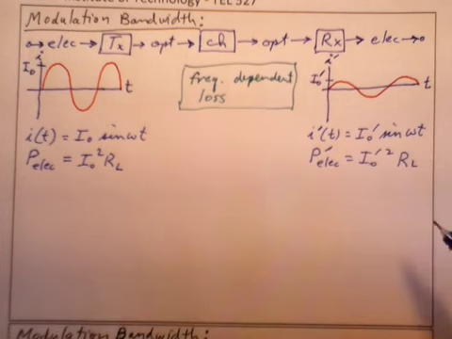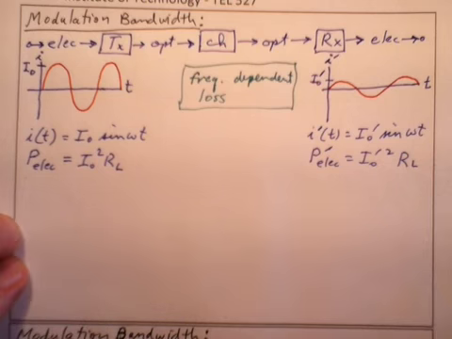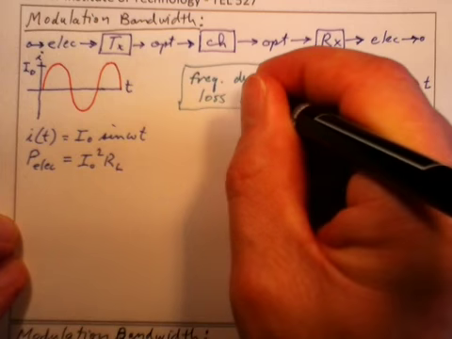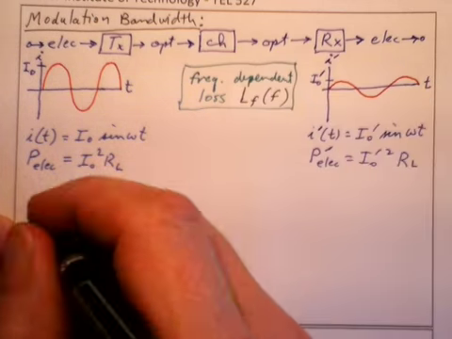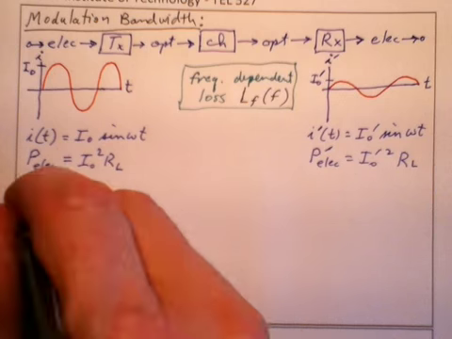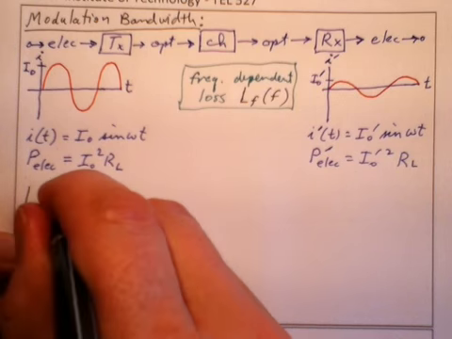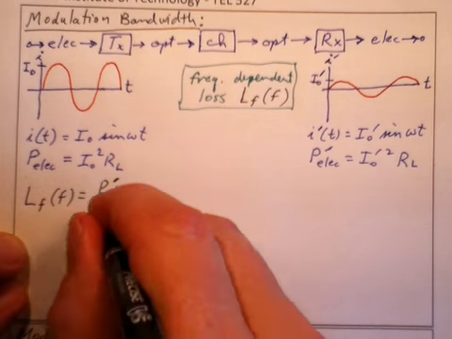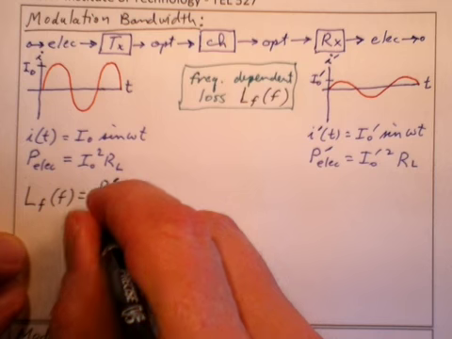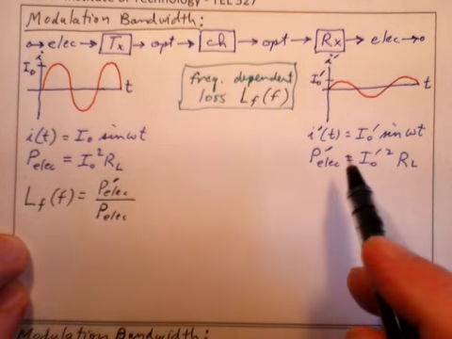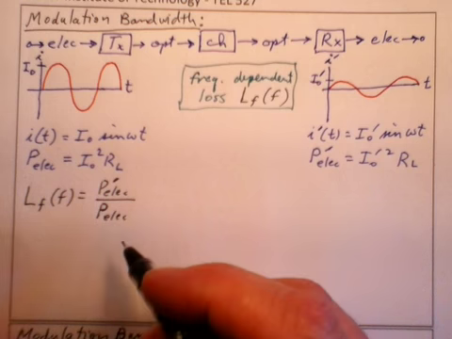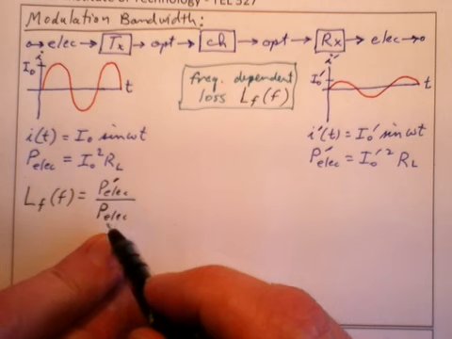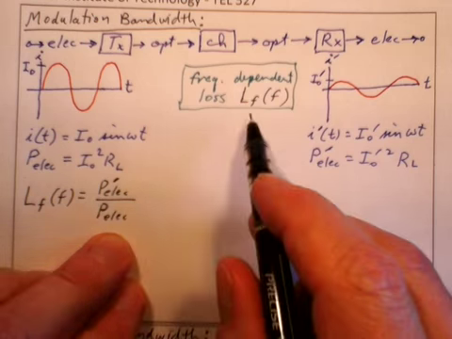Then we're going to write down a frequency dependent loss, L sub f, as a function of frequency: L sub f of f is P electrical prime, the output power, over the input power, P electrical. The primed quantities are on the output, so this is output over input, and generally speaking the power at the output is less than the power at the input.